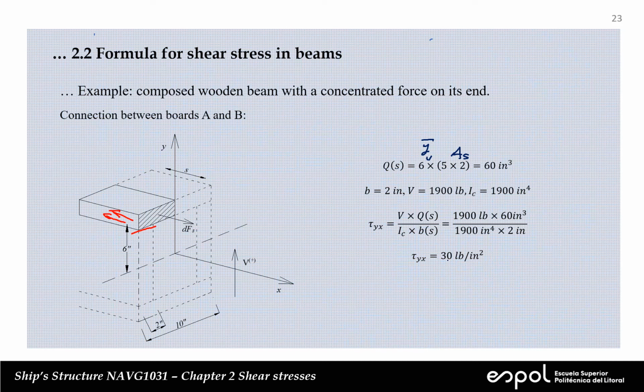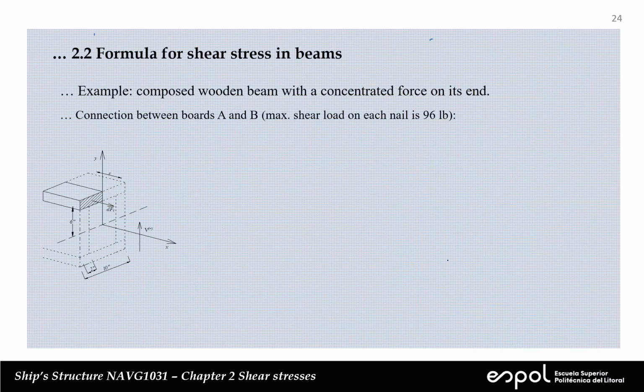This is the stress that is developed in the connection between boards A and B. Now, we want to determine how many nails are needed in order to support this shear. For that, let's assume that we know the maximum shear load that a nail can take is 96 pounds.